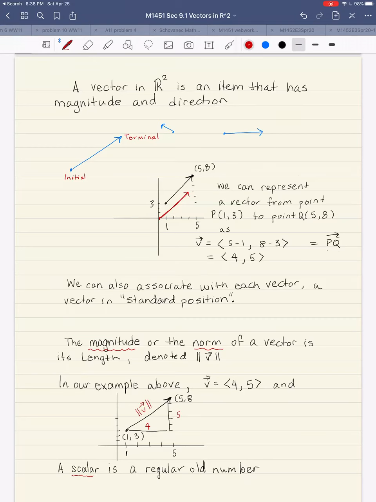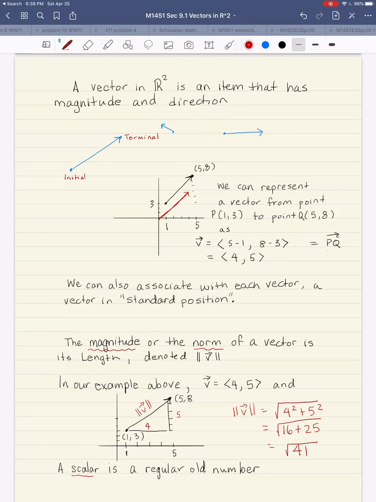So the magnitude of vector V, which we denote like this, is the square root of the sum of the squares of the lengths. So it's 16 plus 25 under the square root sign, which I think is the square root of 41.